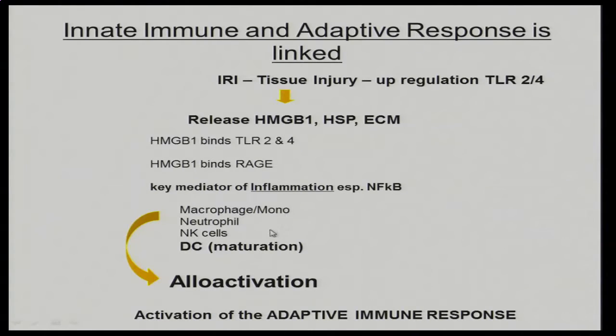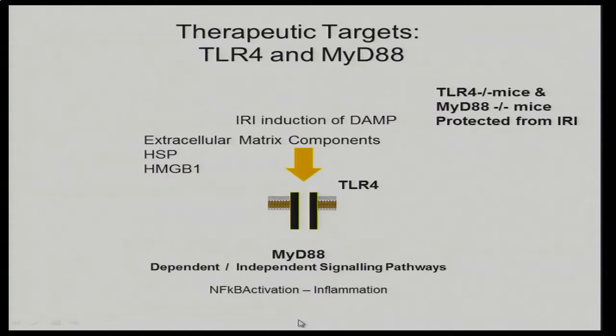That then sets in place activation of macrophages, neutrophils, and dendritic cell activation and maturation, leading to alloactivation and the adaptive immune response. What's important here is that the toll-like receptors act through pathways. The so-called MYD88 is the signalling molecule for these receptors and other receptors, and these trigger inflammation.